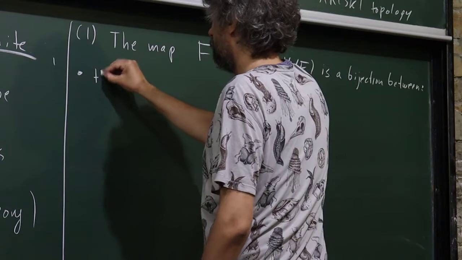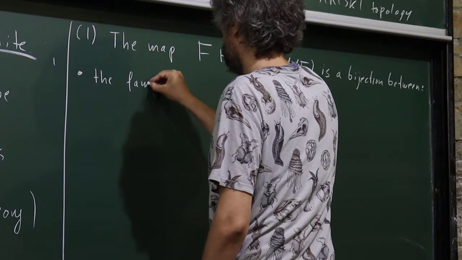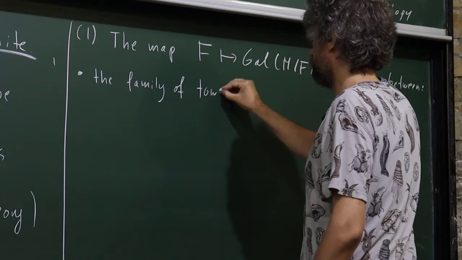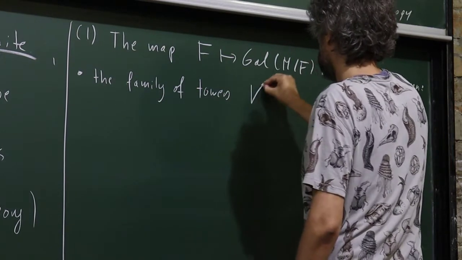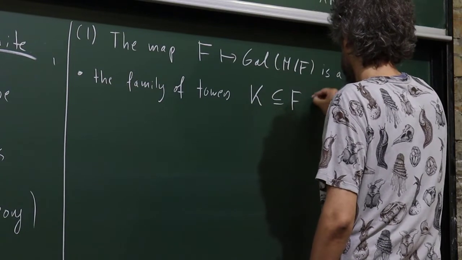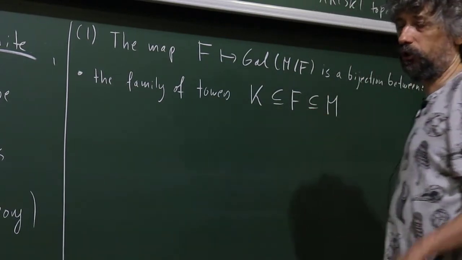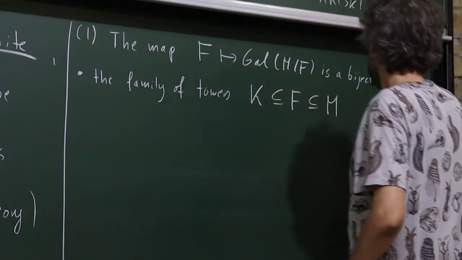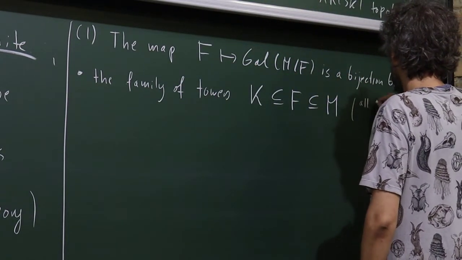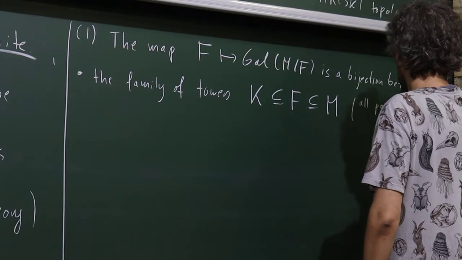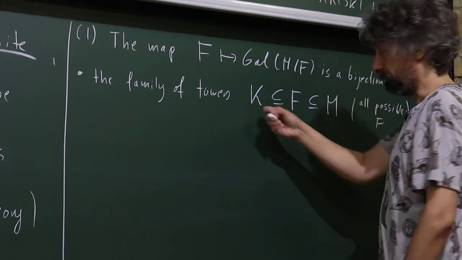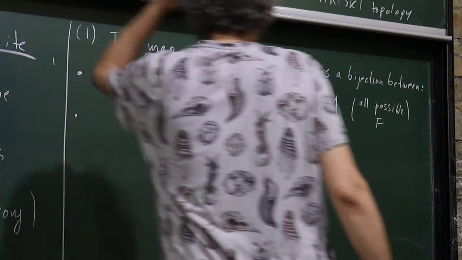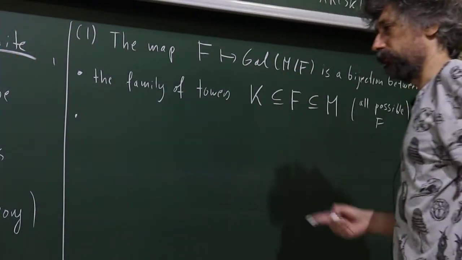The family of such subextensions of towers, now all F, not necessarily finite, not necessarily Galois, so all possible F between K and M, and then the family of closed subgroups of Gal M K.